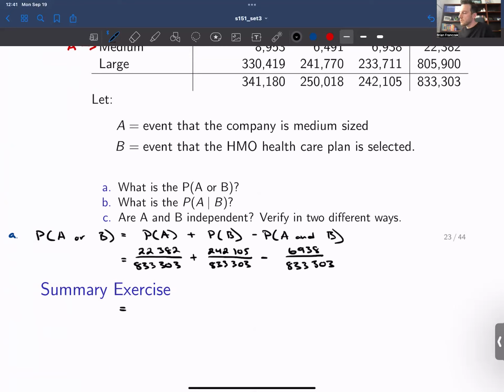All right, from this point, there's a number of different ways that you can work out the union. So for example, we could reduce everything to be one fraction. So that might look something like this.